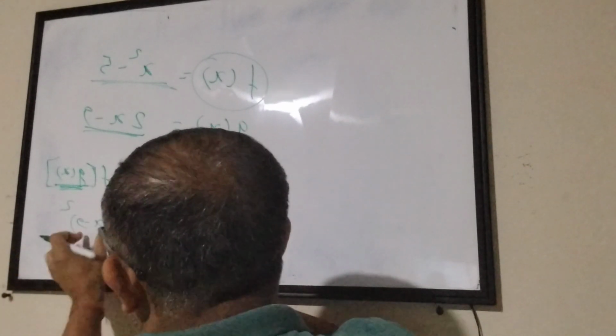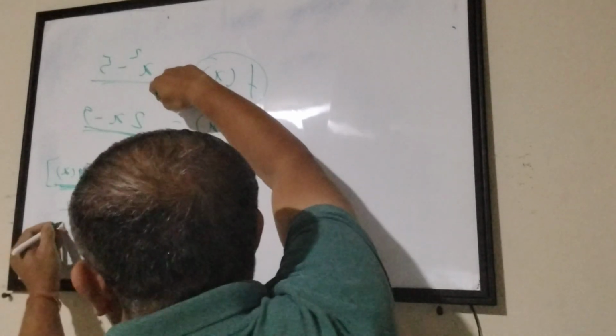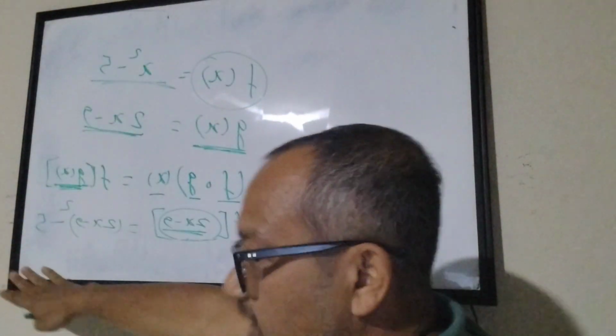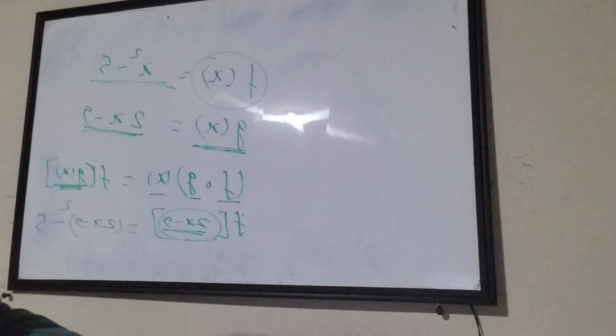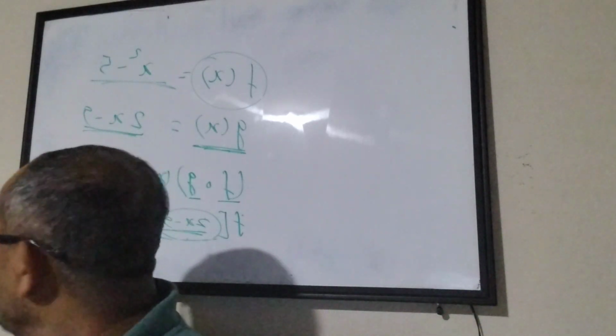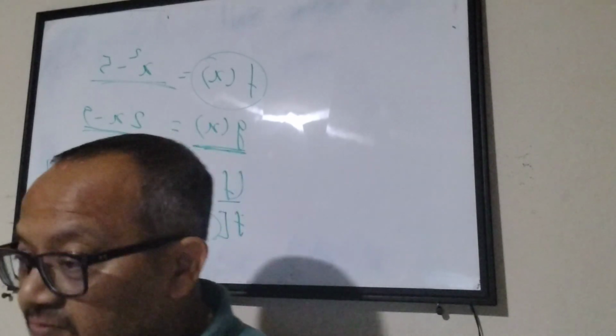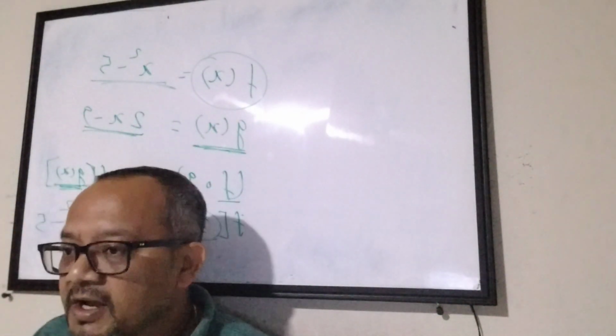So this becomes the square of 2x minus 9, plus 5. This is just the composition part of it. Now, why are we talking about this, which we have talked about before?